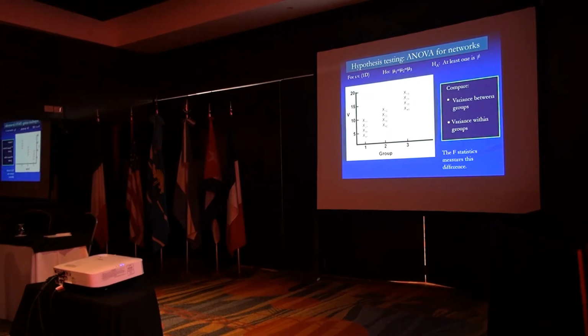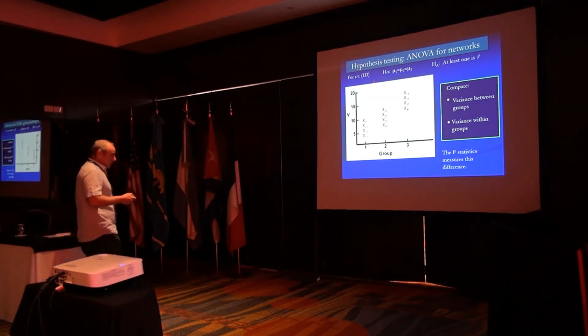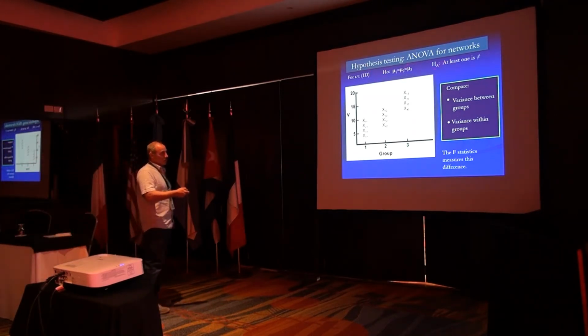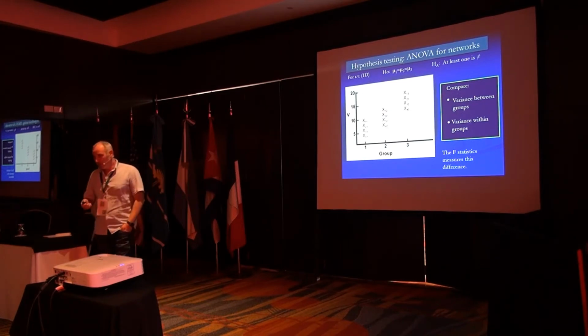And what about hypothesis testing? The ANOVA test in biology is something that is used almost all day. The ANOVA test is when you want to know, in dimension 1, if the mean value is the same in each of, for example, three groups. The null hypothesis is that they are the same, and you want to know if at least one is different.